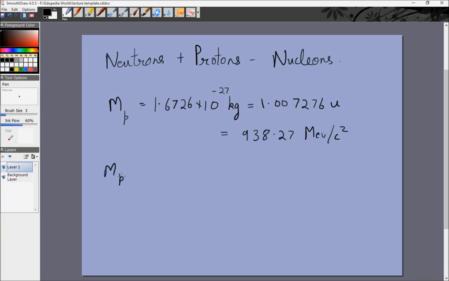The mass of a neutron is equal to 1.6749 into 10 to the power minus 27 kg. That is equal to 1.008665 U. We see that the mass of a proton is slightly greater than the mass of the neutron.